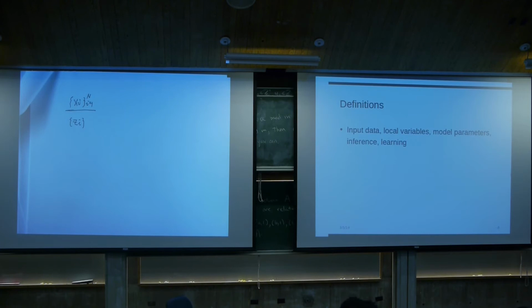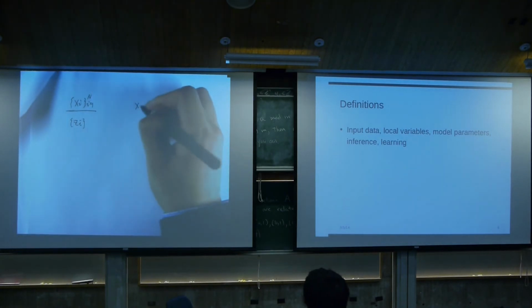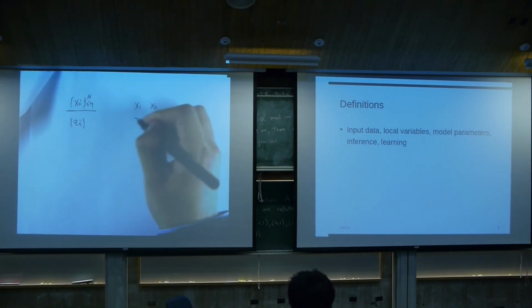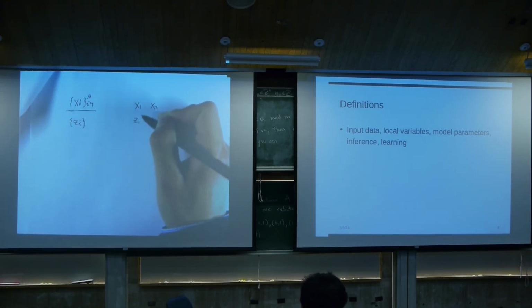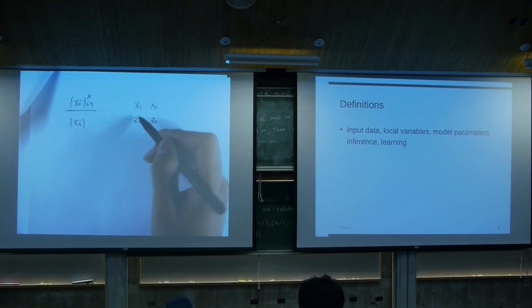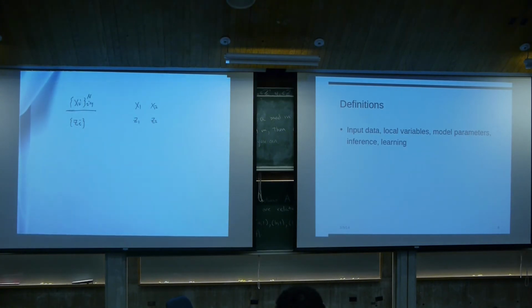They are local because they are only associated with a single point xi. Say if I have 2 points x1 and x2, x1 has z1 and x2 has z2. z1 has nothing to do with x2. It is local to x1. So that's why they are called local variables.